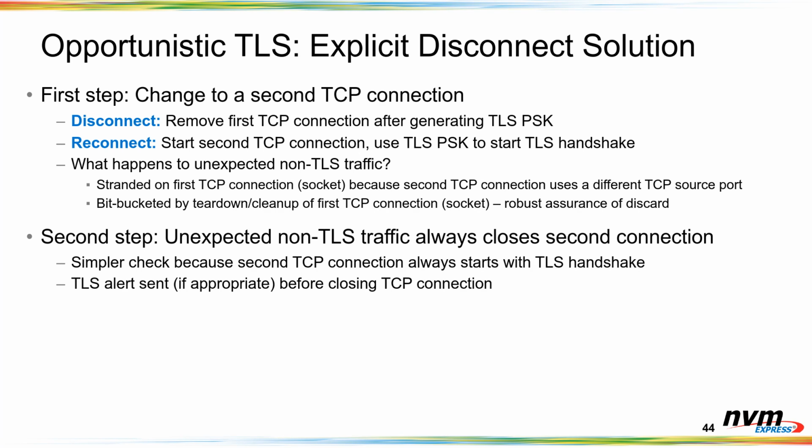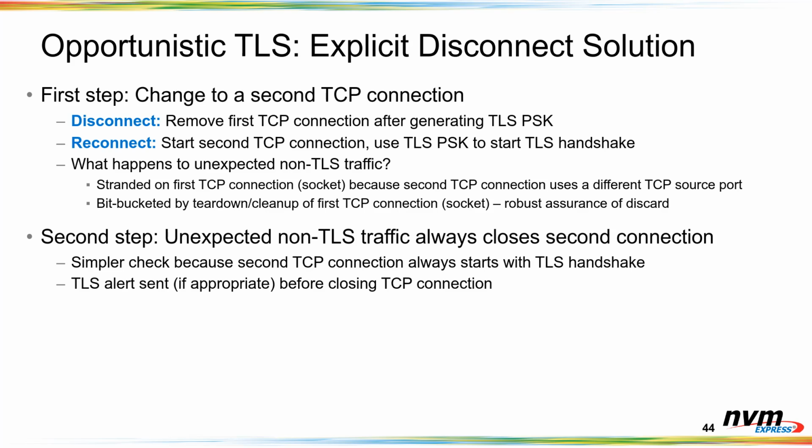So we needed to do something about this, and what we settled on was something called an explicit disconnect solution. The basic idea is to use two TCP connections. After we generate the TLS PSK, going through the first three steps in the previous slide, we're going to remove the first TCP connection and start TLS from scratch on a second TCP connection, using the TLS PSK right up front to start the TLS handshake. The reason for doing this is it provides us a robust solution to that non-TLS traffic.